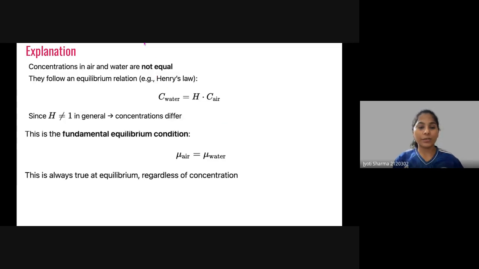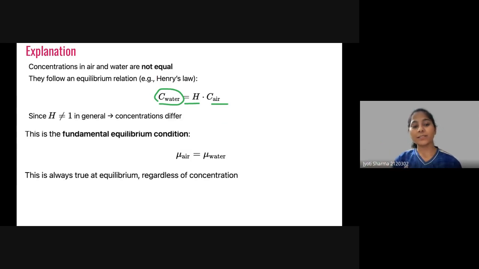So let me show you again. You have already learned that it is not the concentration gradient, but the chemical gradient that matters for this equilibrium. Because in two phases, if we have air and water, concentration will never be equal to each other, because we are following Henry's law, right? So the concentration in water is equal to the Henry coefficient multiplied by the concentration of any component in the air.